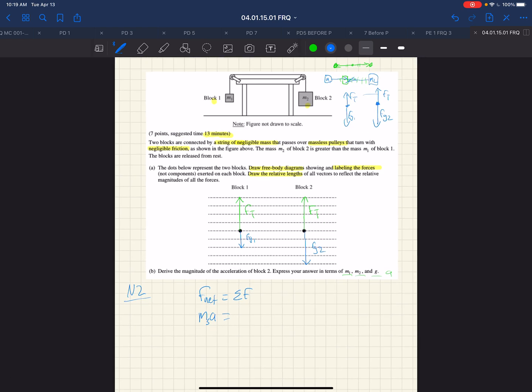Well, if we stretch this out in a straight line, say this is the positive direction and this is the minus direction, we have FG2. We have FT minus FT because it's in the negative direction. We've got positive FT in this direction. And then we have FG1, like so. So our sum of the forces, which is the other direction, is minus FG1.